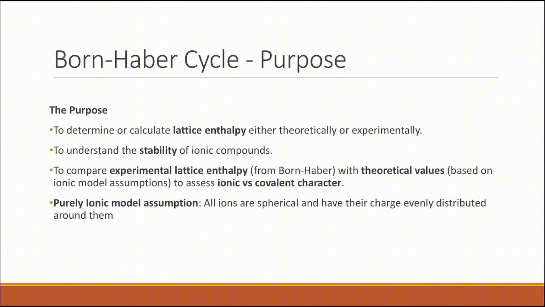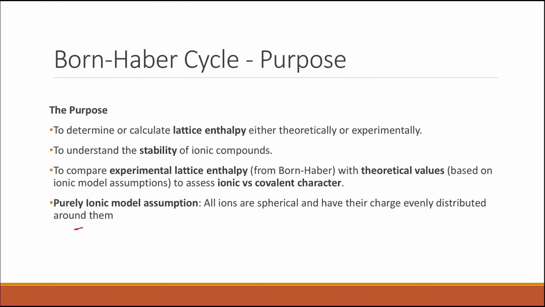Theoretical values assume that all ionic compounds are pure ionic compounds. So there is something called the pure ionic model assumption. The ionic model assumes that all ions are spherical and their charge is evenly distributed around them. However, the majority of ionic compounds are not purely ionic, but have some covalent character.